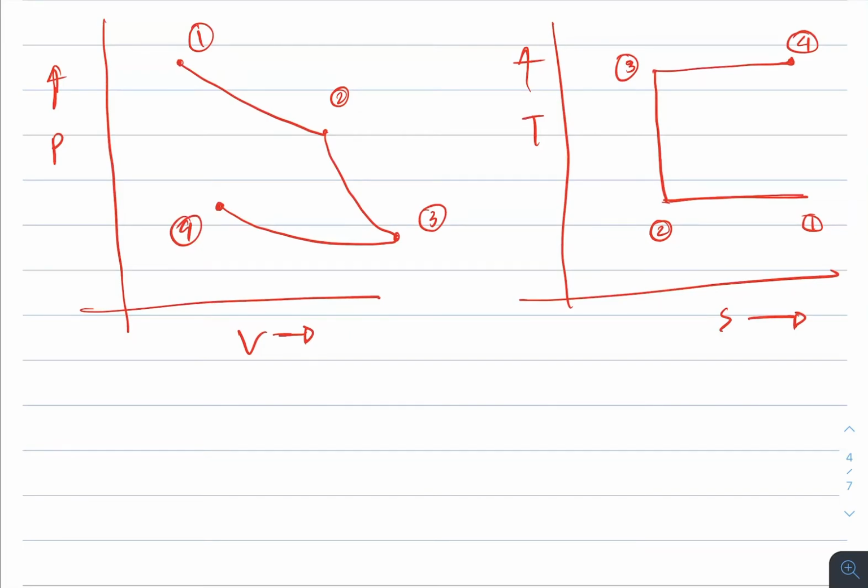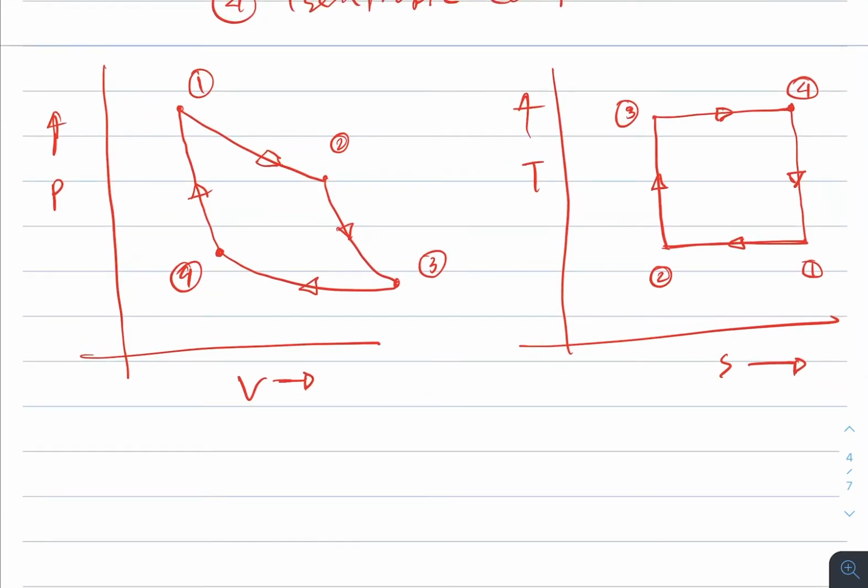And 4 to 1 is isentropic compression again, where entropy is constant along this line. So the cycle is happening this way, and then 4 to 1 is this. This is how this cycle operates.